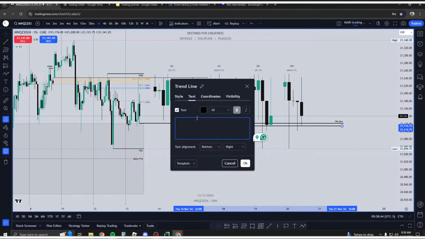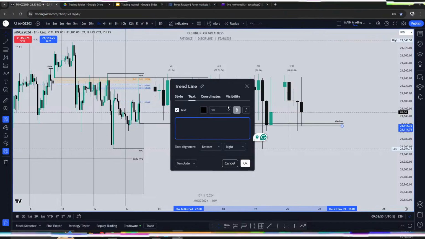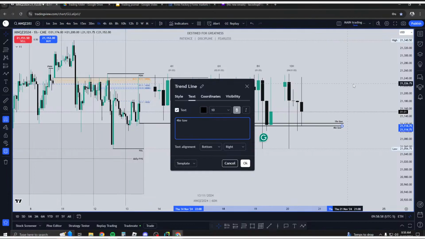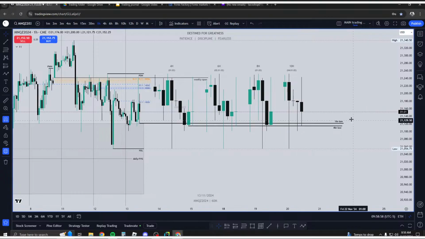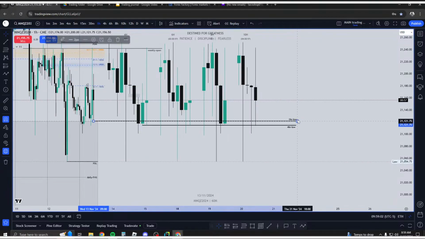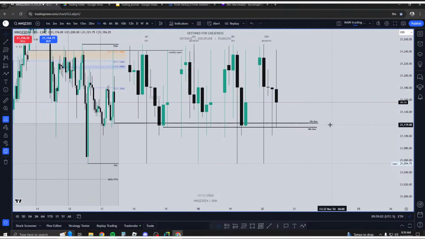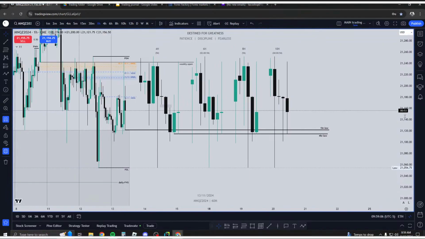So let's backtrack a little bit. My model is going to be on the hourly time frame. The higher time frames relative to my model, which could be like the 4-hour or the 8-hour, are suggesting that we could continue even lower, because is the 4-hour low lower than the hourly low? Just by looking at these lines here, yes, it is.